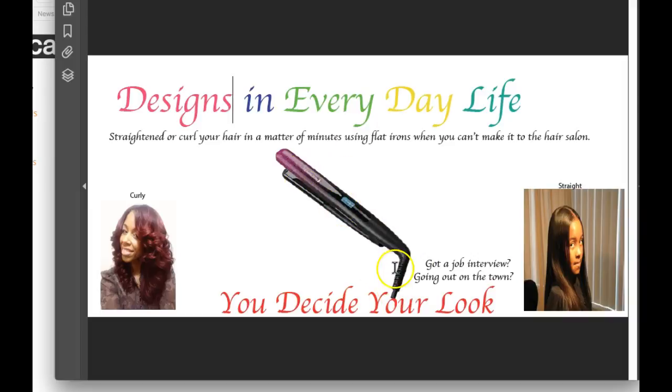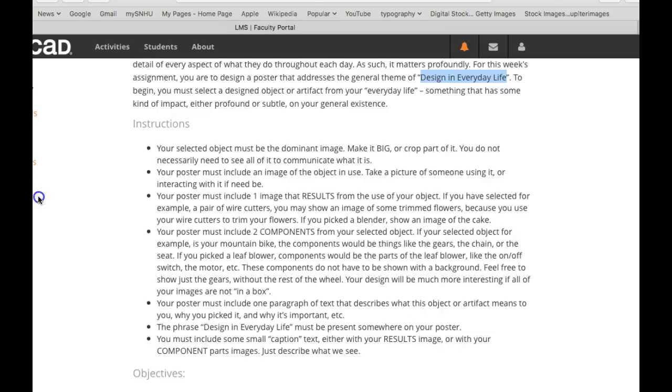I don't know much about curling irons, but you need to show two components from your selected object. The example here is that if your object is a mountain bike, the components could be the gears and the chain, or the gears and the seat.